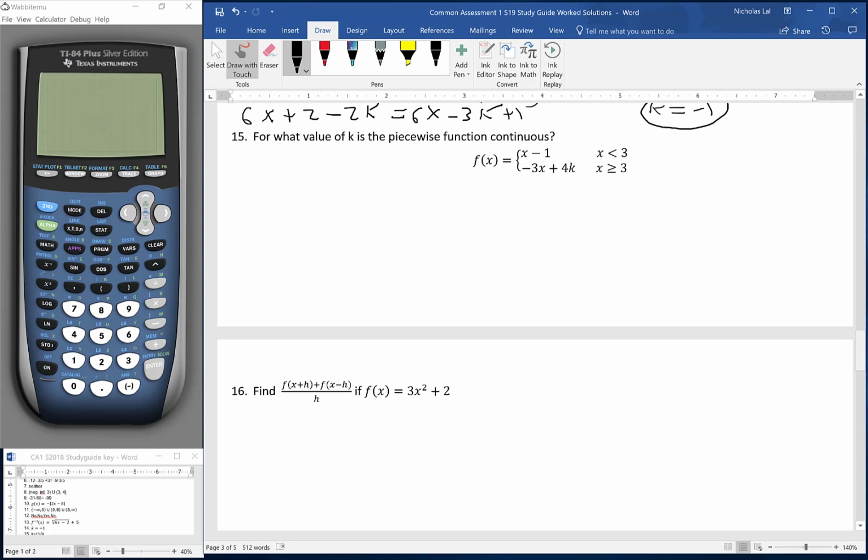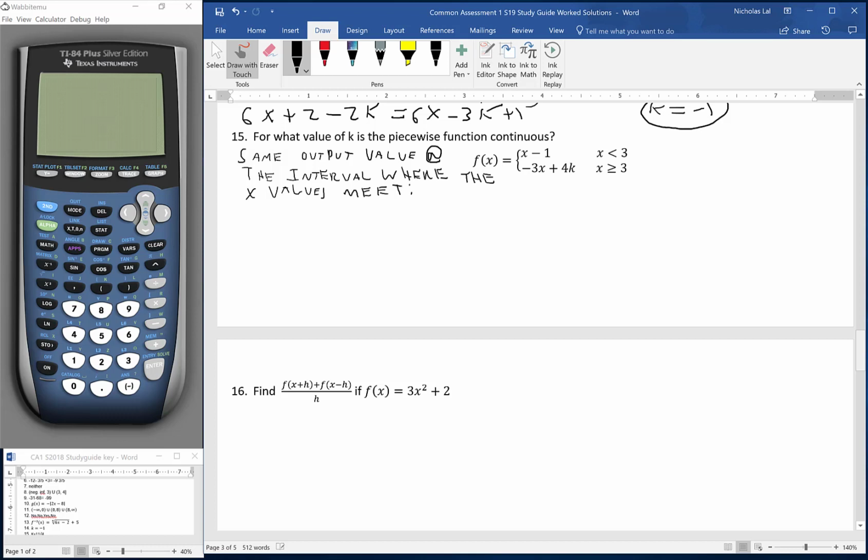So to be continuous, you need to have the same output value at the interval where the x values meet. So that's what's going on conceptually.